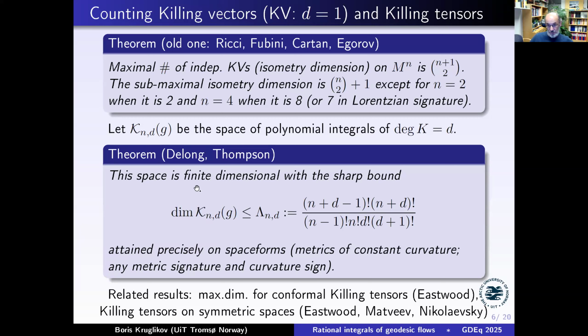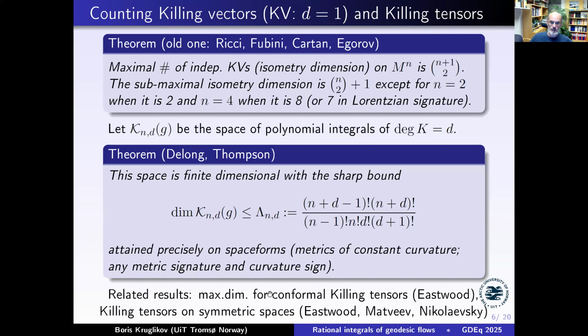It's always finite dimensional for finite d, and here's the bound. Okay, so there are some factorials. Let's remember this number, lambda_n(d). It will appear a bit later. So this bound is sharp, and it is attained on space forms and only on space forms, so metrics of constant curvature, zero, positive, or negative.